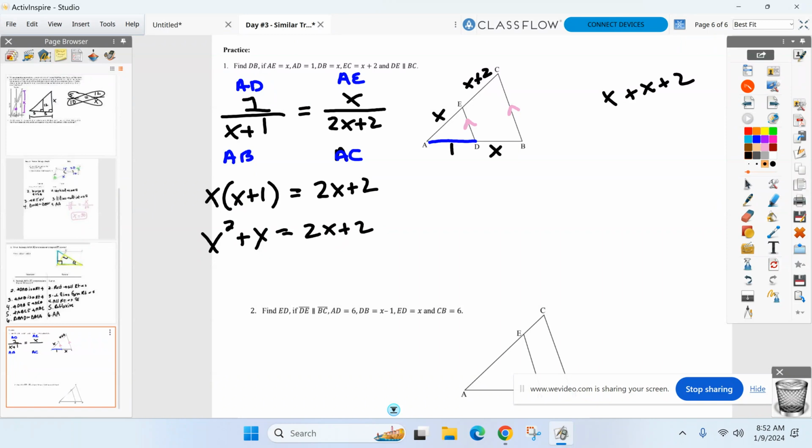So move over the 2x and the 2. Subtract them over, because I'll always want my x squared to be positive. Let's say that gives me a negative x and a negative 2. All right, play a little game in your head now.